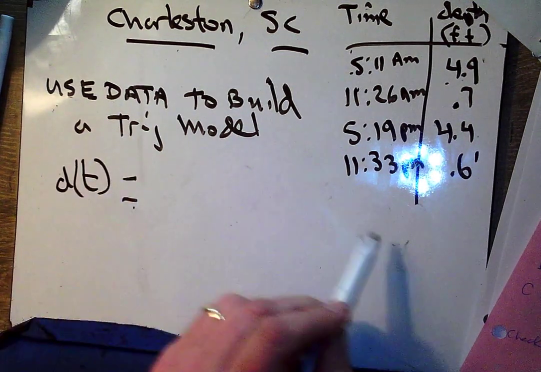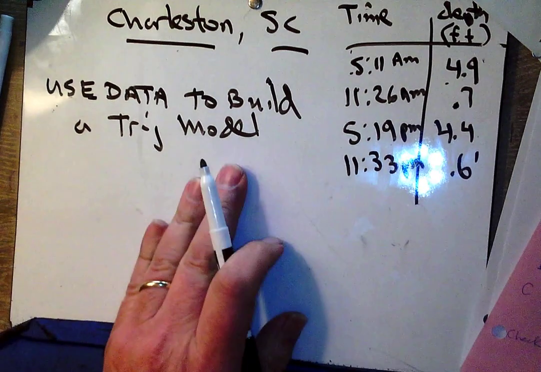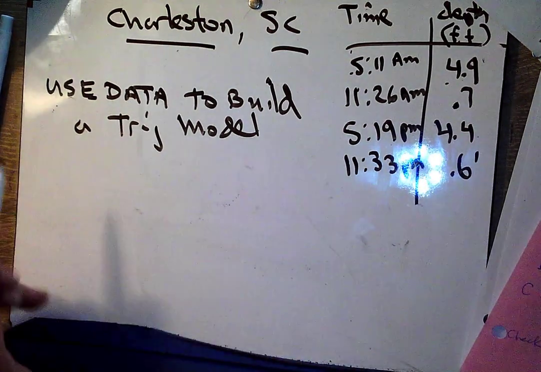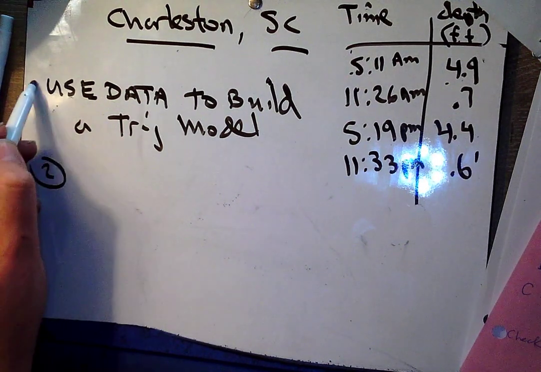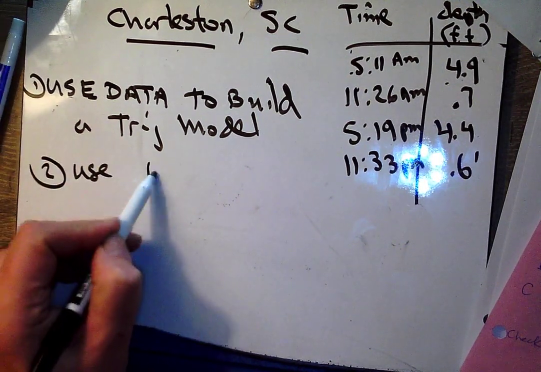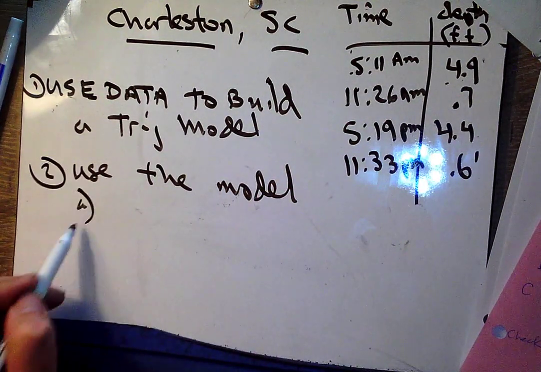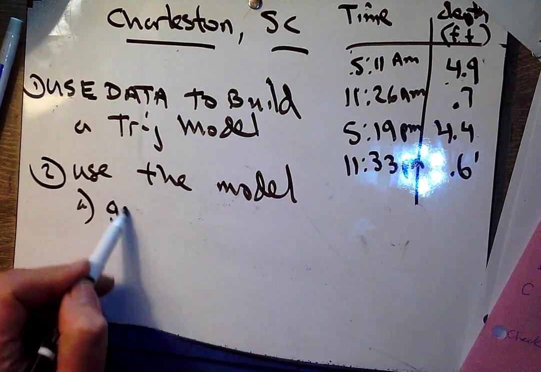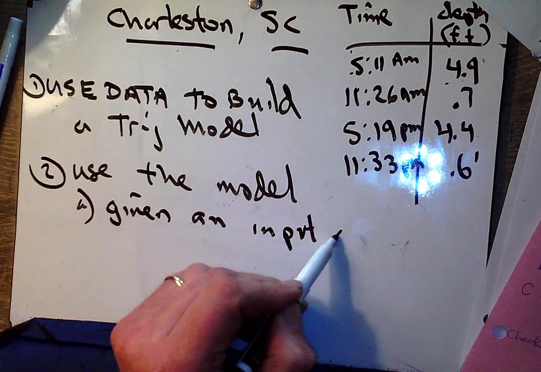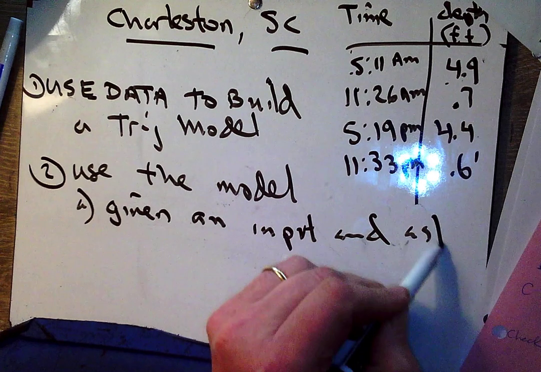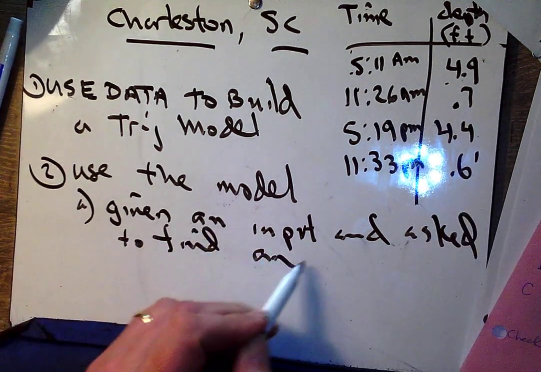And there will be some sort of tricky thing over here. Once we've built that model, we're going to answer some questions, to use the model. And we're going to do that in two ways. One, you're going to be given an input and asked to find an output.